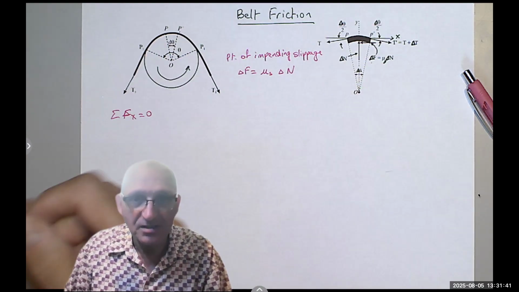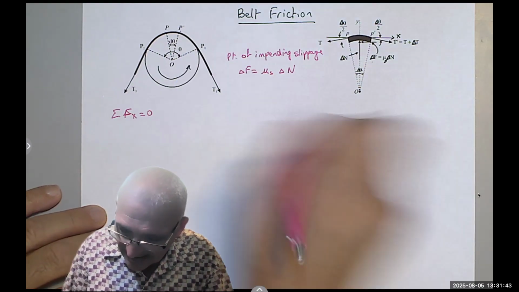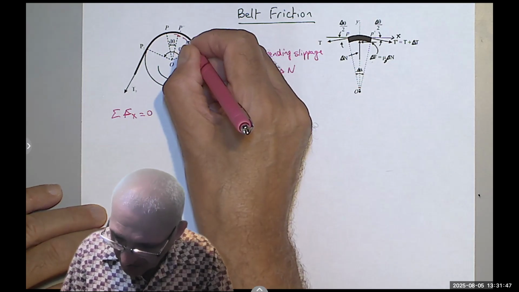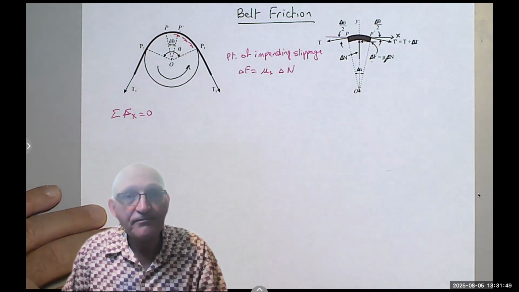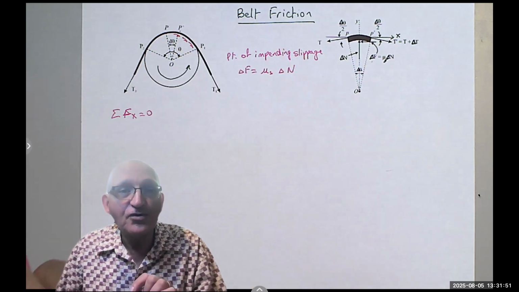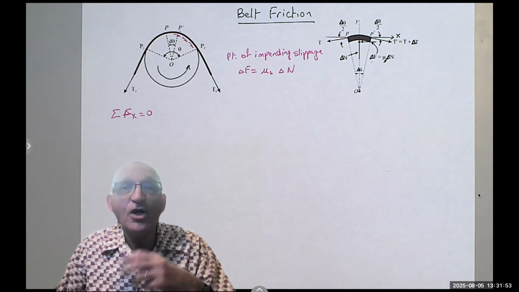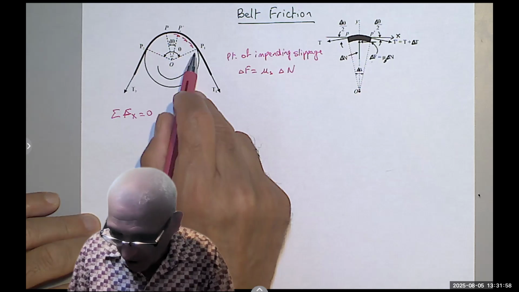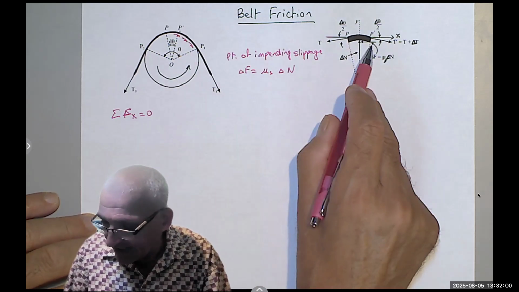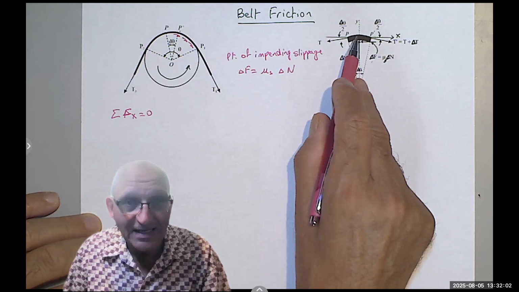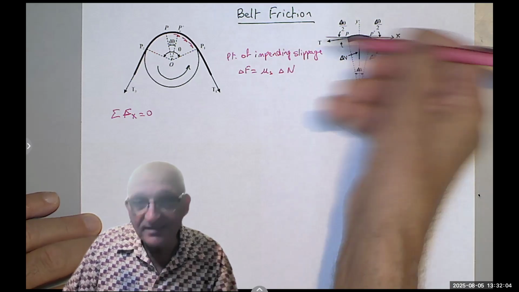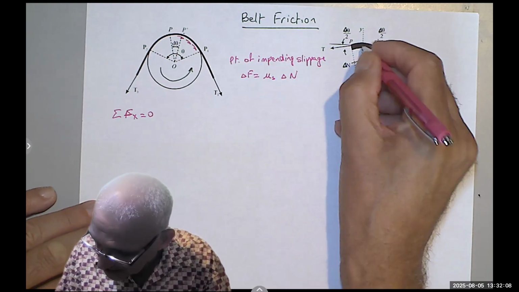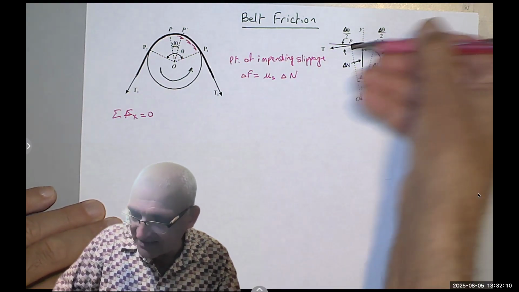There is a friction. And the friction opposes the direction of rotation of the pulley. The friction force is an internal force. It always comes in pairs. If it's going clockwise on the pulley, it must be going counterclockwise on the belt. That's why delta F is drawn to the left here. Okay, so at this point, delta F is exactly along the x.